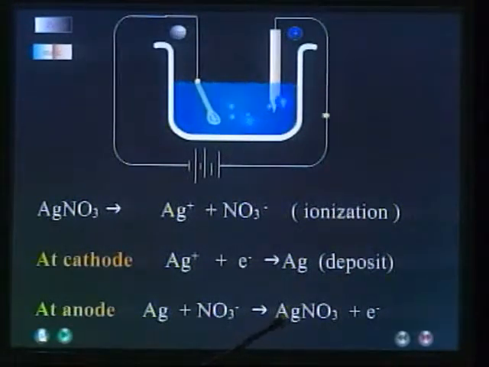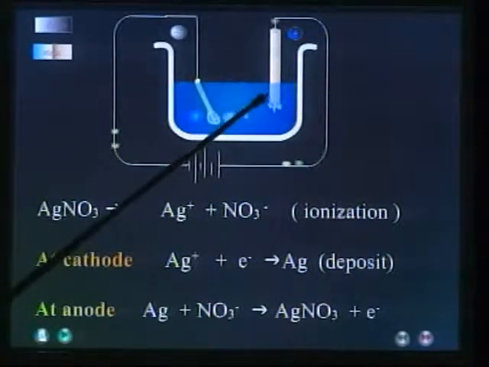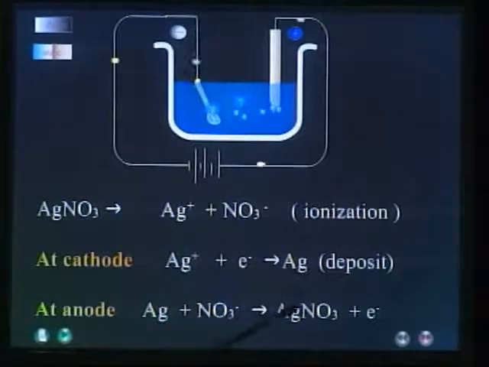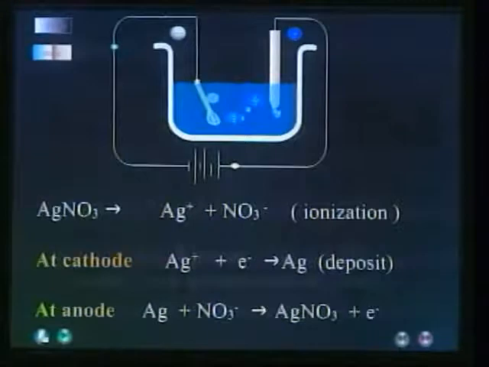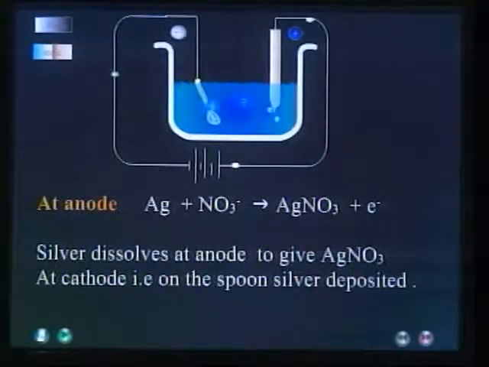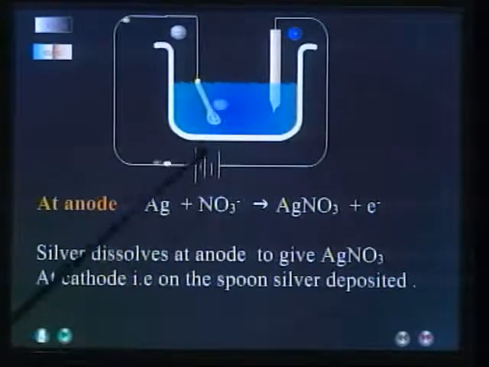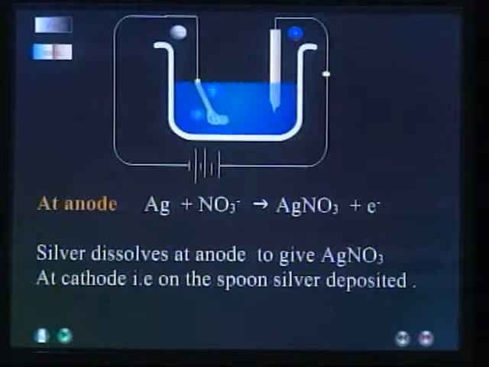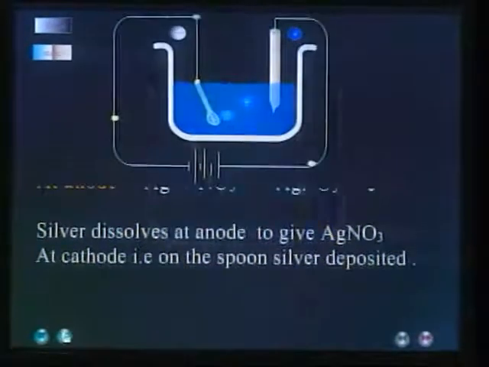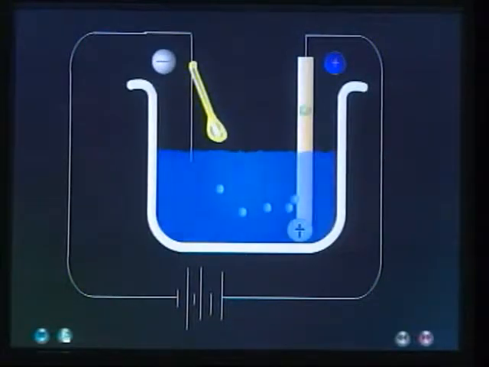That is, the silver of the anode undergoes dissolution in the form of AgNO3. At the end of the electrolysis, silver is deposited on the spoon. After getting the deposit, the spoon looks as shown here.